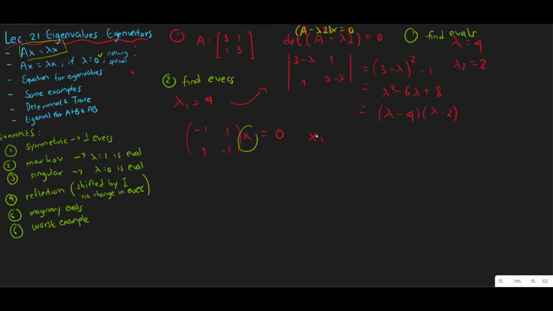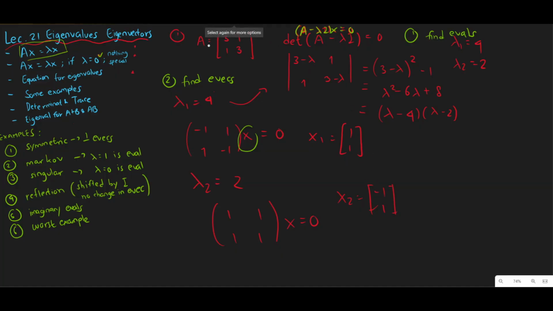Here we can find the first eigenvector, which is 1, 1. And then for lambda 2, the eigenvalue 2, we have 1, 1, 1, 1, and we're interested in the x, and we know it will be minus 1, 1, or even 1, minus 1, it doesn't matter. It's just a line along that solution. So that's it for this example.